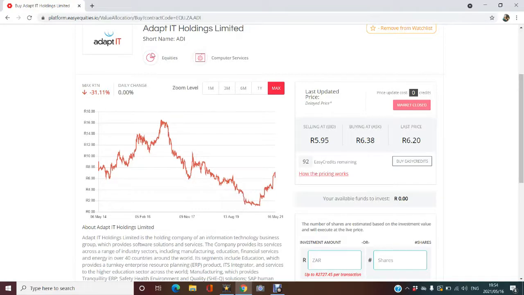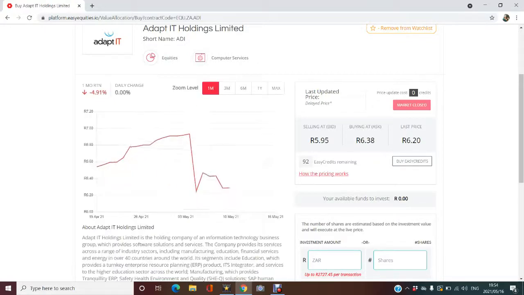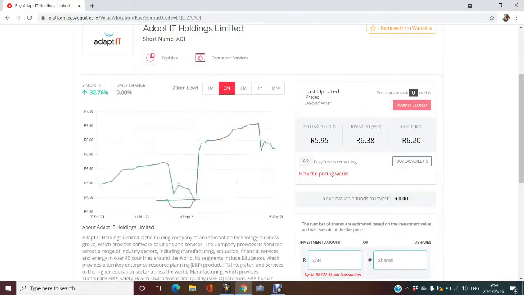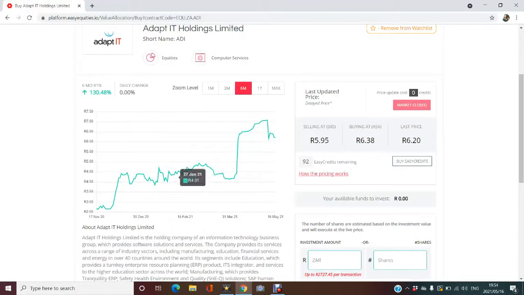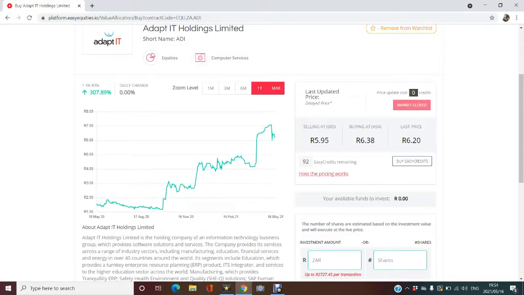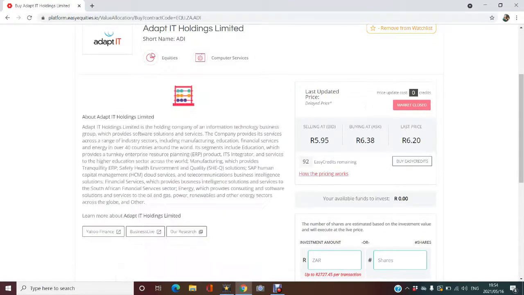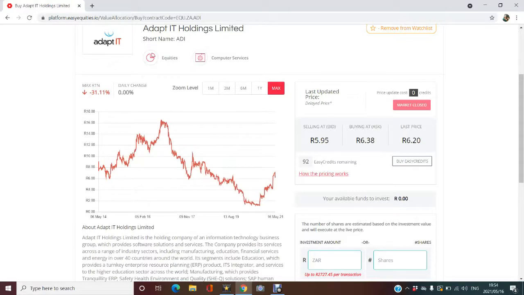This also shows you the daily movement, whether today the share has maybe gone up by 1%, so the information will be there, and you can set it to see how it's done in a month, in 3 months, in 6 months. You see this share in 6 months, if you bought it 6 months ago, you would have had 130 percent profit already, 307% profit in a year, and 30 minus 31 in a maximum period since 2014.